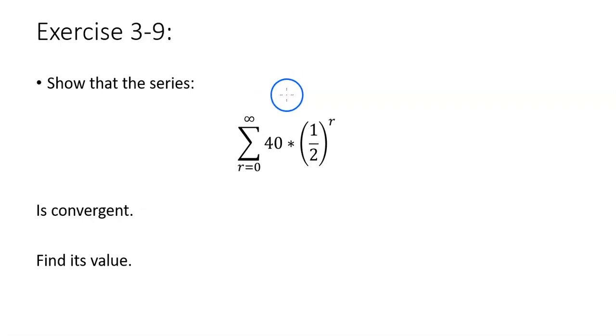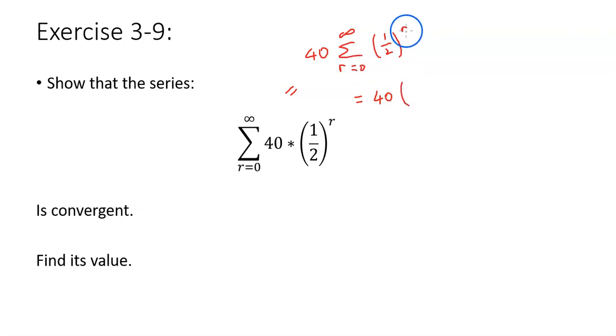Okay, so we know that this is equal to 40 times the sum from r equals 0 to infinity of 1 over 2 to the power of r, which is equal to 40 times, for r equals 0 it's just 1, and then for r equals 1 it's just a half, plus a half squared, plus a half cubed, plus, and it goes on forever.